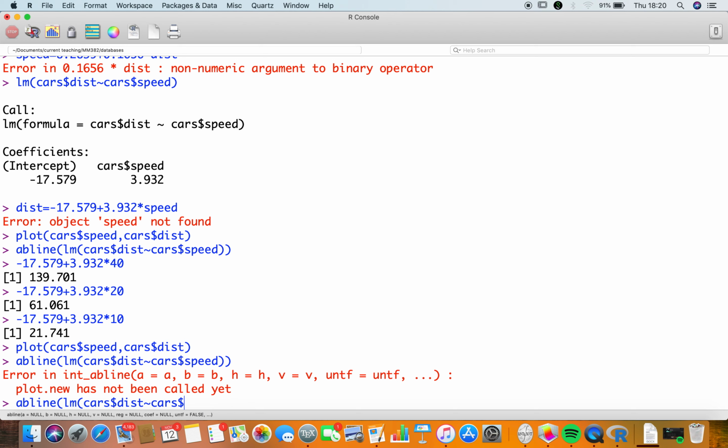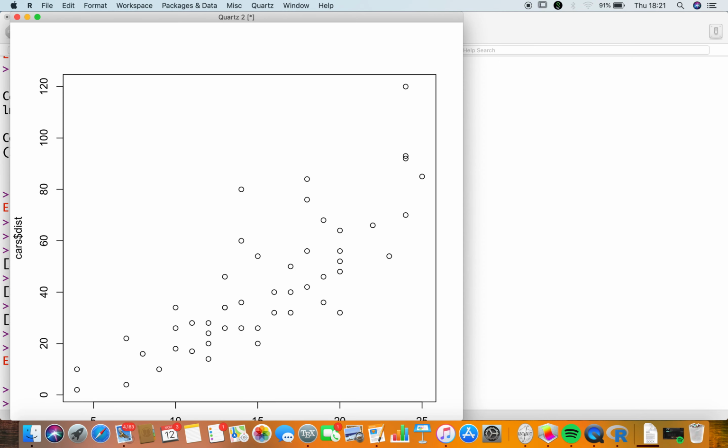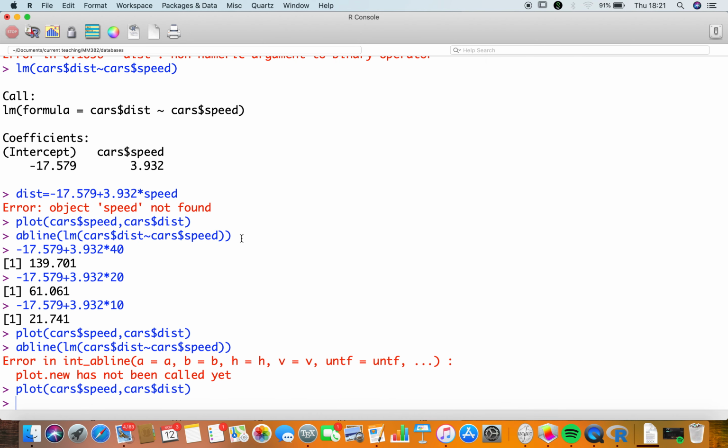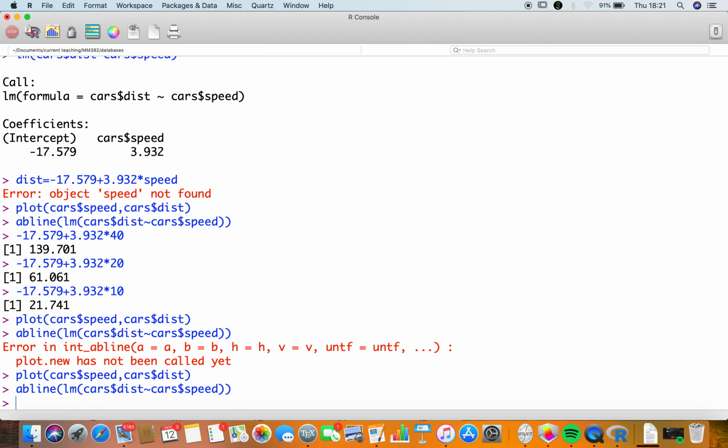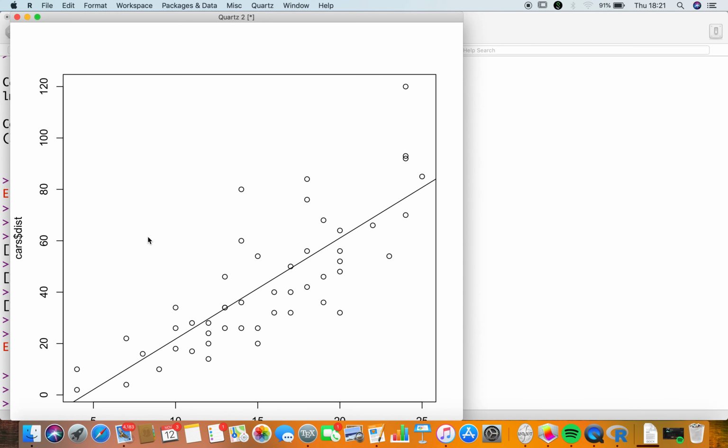Now, for some reason, it won't let me do that. Let me just do this again. Let me go back up here because this worked before. I'm going to plot this, and then I'm going to get my abline for my linear function. So sorry, but the first time it didn't seem to work. R has its own peculiarities. Sometimes it works, sometimes it doesn't, depending on the day of the week and the way the wind's blowing.